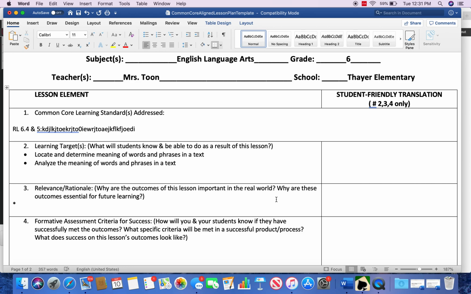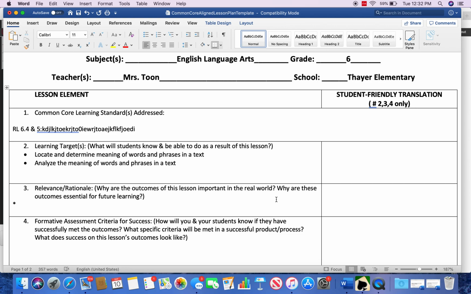Because they need to be able to understand information that they are reading. Why are the outcomes essential for future learning? Because this is a progression, and they will have to do more with this, and they will also have to extend it into their writing assignments, and they will have to do deeper analyzing with each grade level.